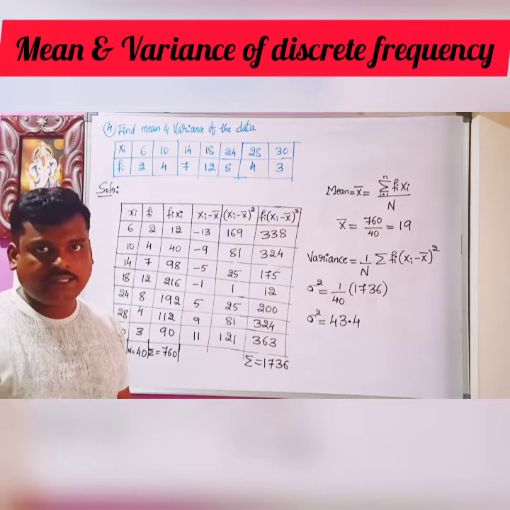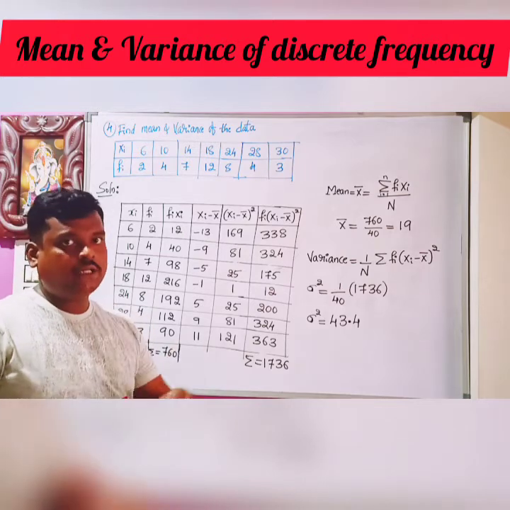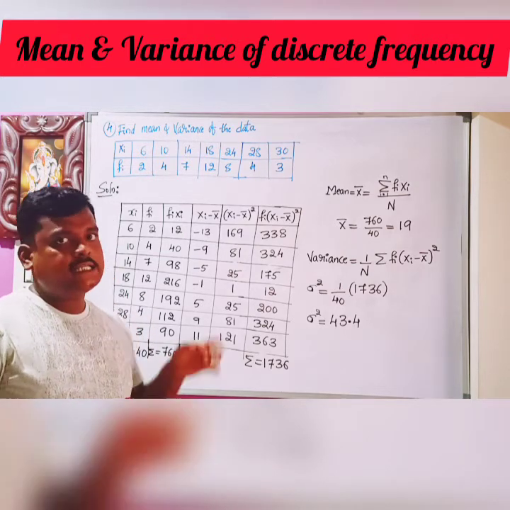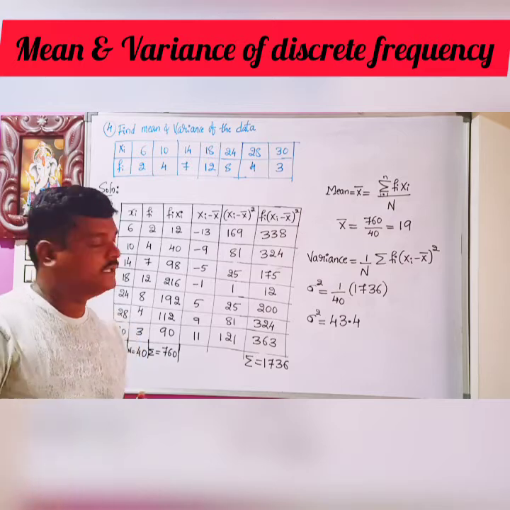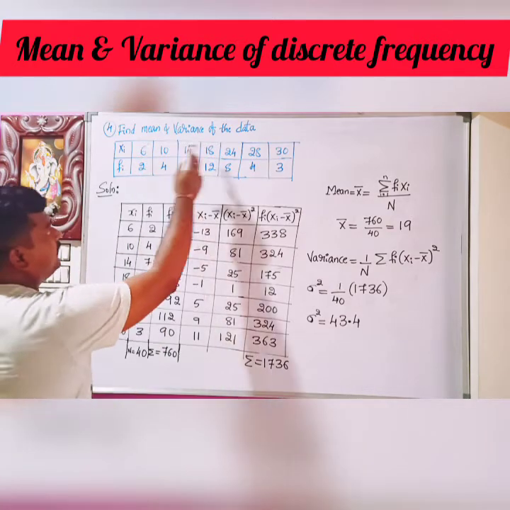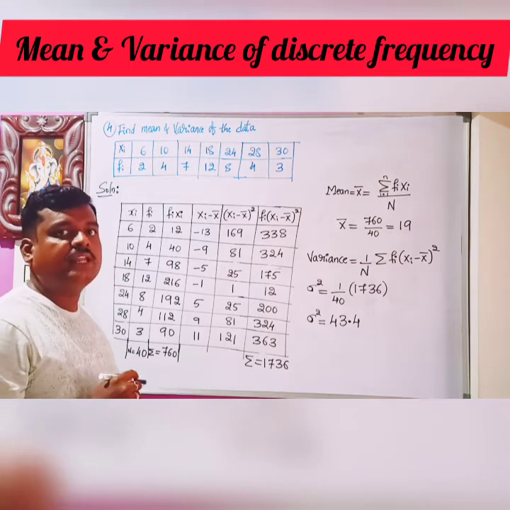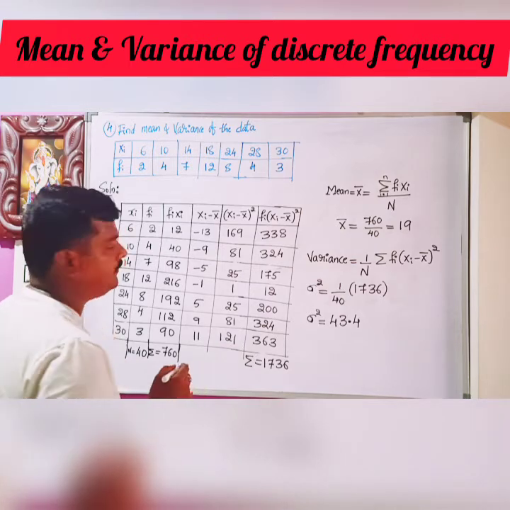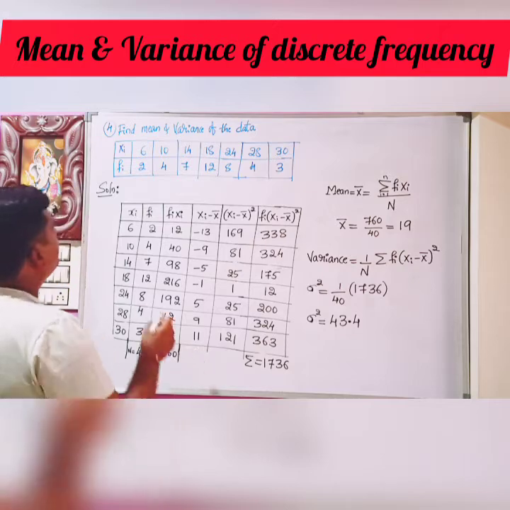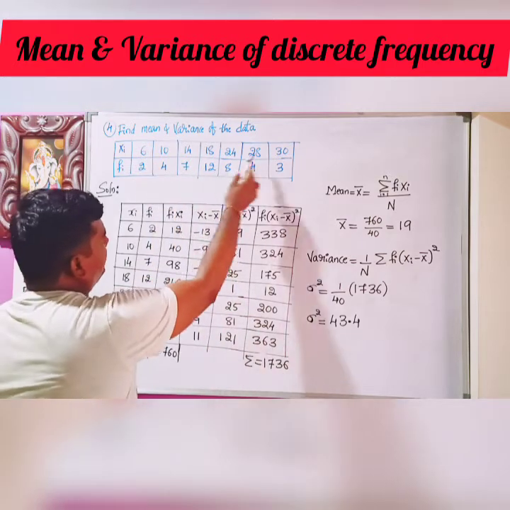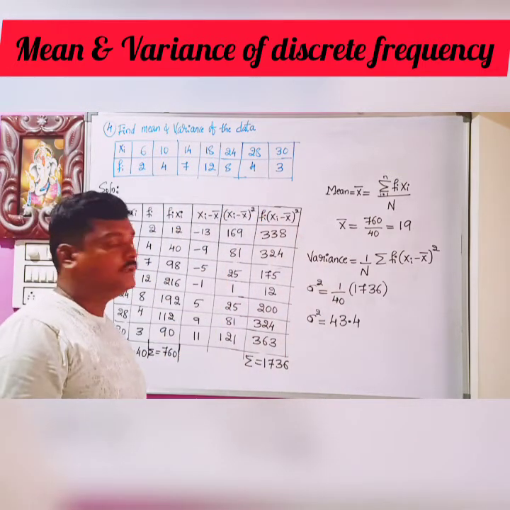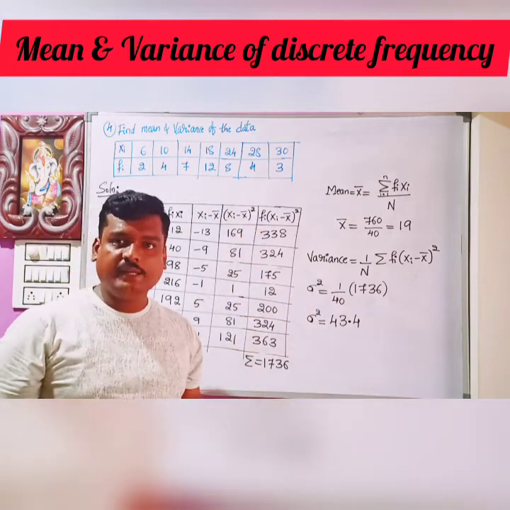We discussed mean and variance: finding the mean and variance for grouped data, in that it is a discrete frequency distribution. Yes, mean and variance of the data, that is question number 4 of exercise 15.2. So xi and fi are given, and they ask you to find the mean and variance.